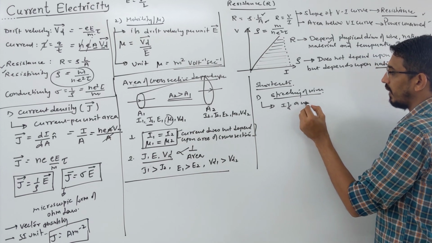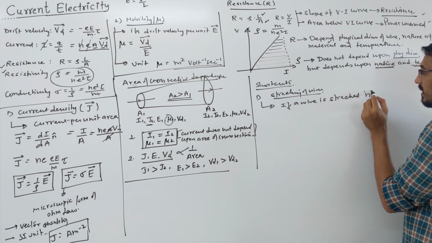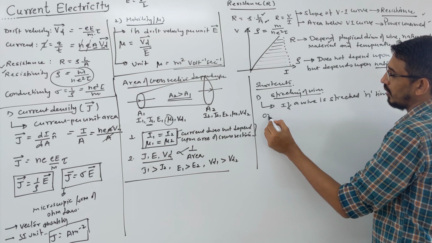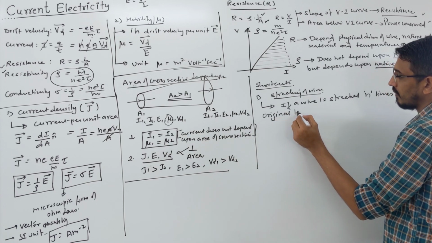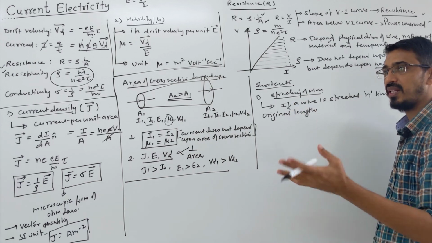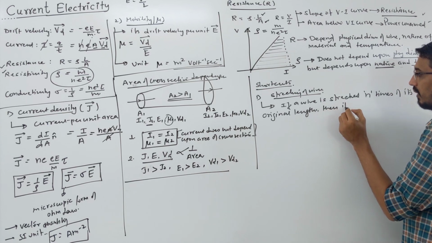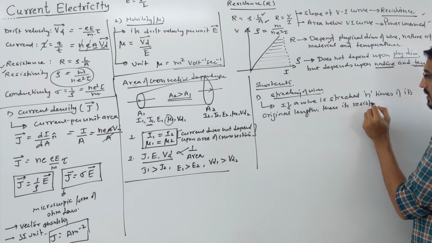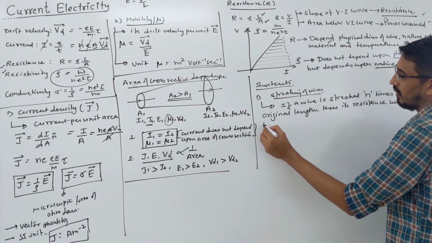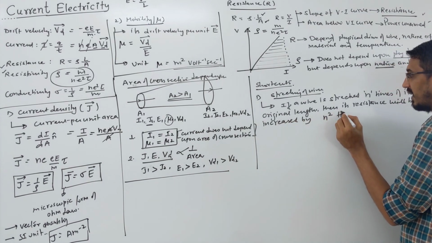If a wire is stretched n times of its original length, where n is like double, triple, then its resistance will be increased by n square times.